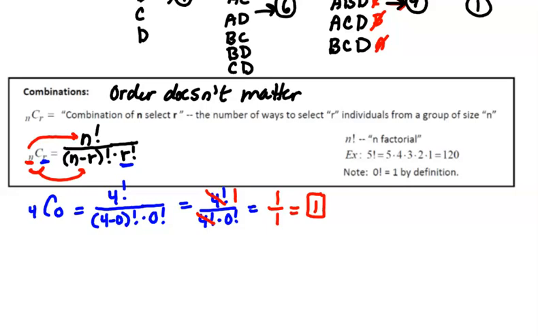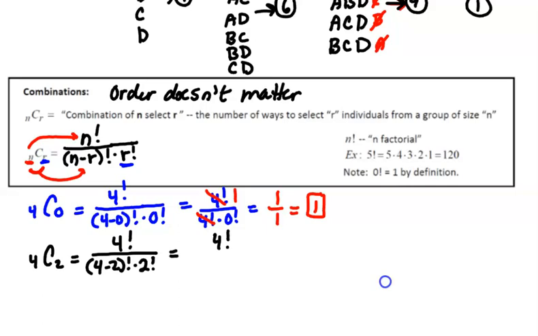Let's do 4 select 2. So if we do 4 select 2, we get 4 factorial in the numerator. In the denominator, we have 4 minus 2 factorial times 2 factorial.